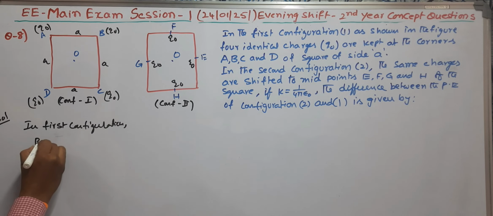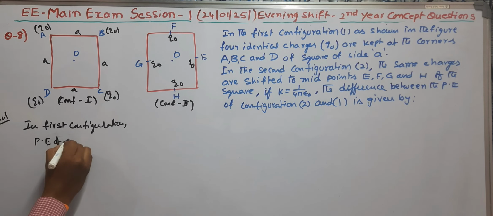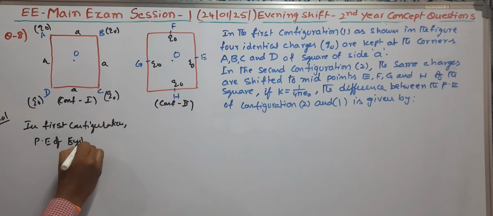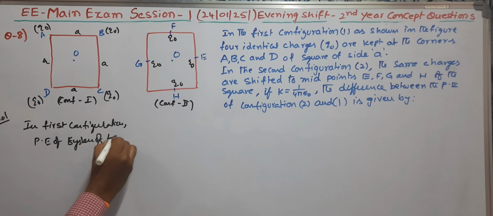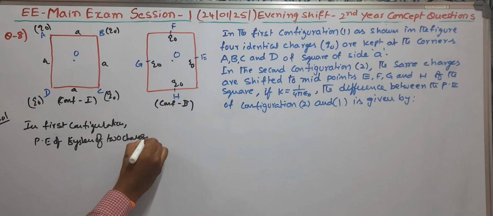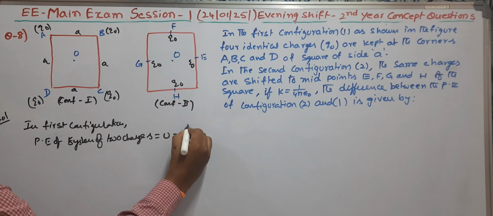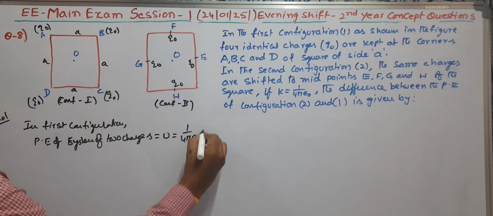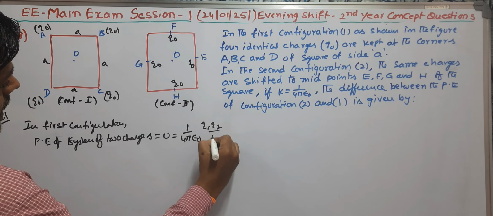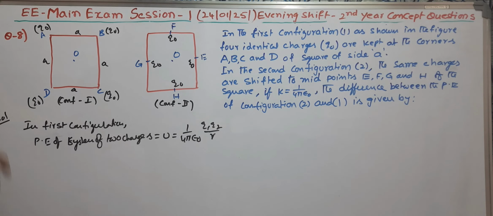the potential energy of a system of 2 charges is U equal to 1 by 4 pi epsilon naught q1 q2 by r. This is the definition of the potential energy of a system of charges.